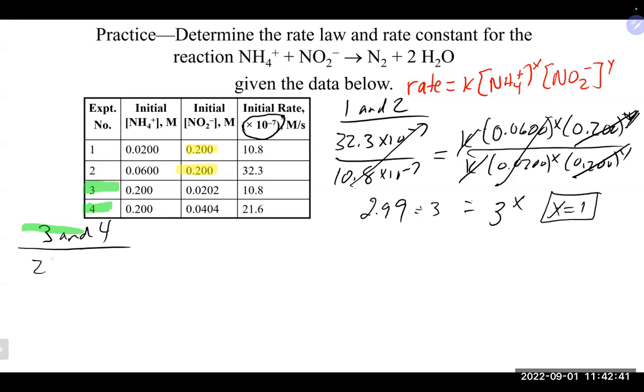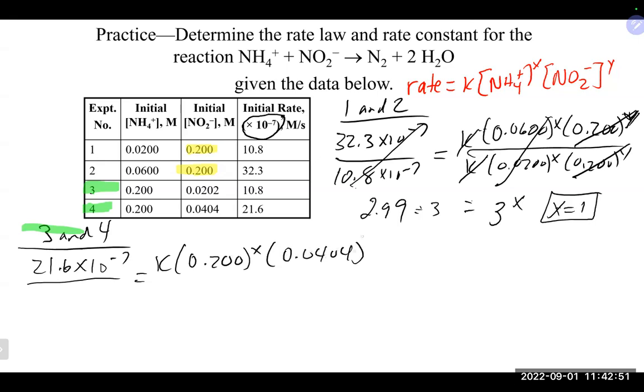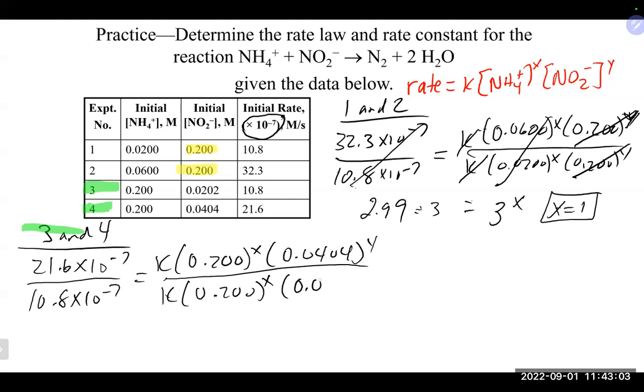So once again, I'm going to make sure I don't forget the times 10 to the minus 7 in this case. That's going to give me our 0.2 to the X, 0.0404 to the Y. Putting my 3 on the bottom, 10.8 times 10 to the minus 7, K, 0.2 and 0.0202 here to the Y.